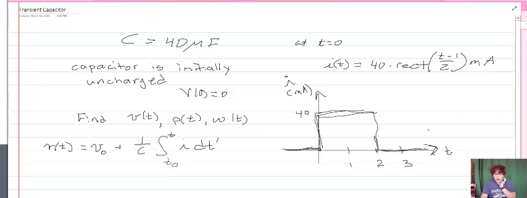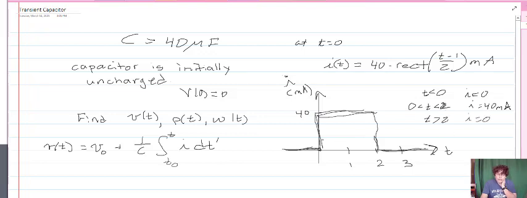We have the part where t is less than 0, and when t is less than 0, I is 0. And we have t between 0 and 2, and there I is 40 milliamps. And we have t greater than 2, and I is again 0.